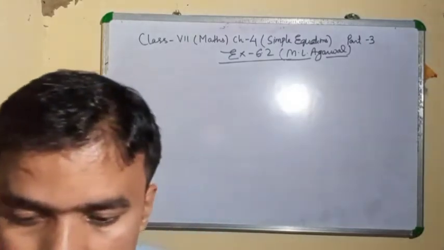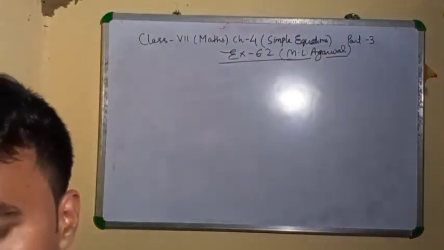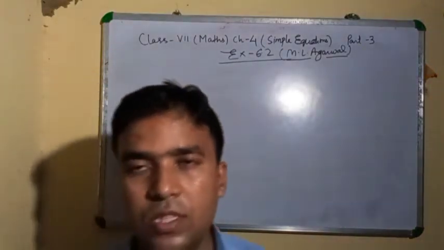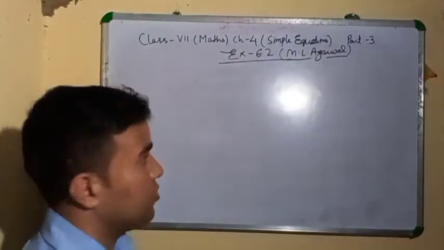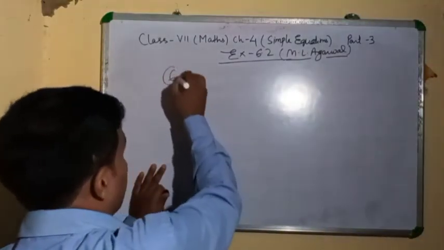Question number 6 is find 3 consecutive odd natural numbers whose sum is 87. Odd natural numbers.